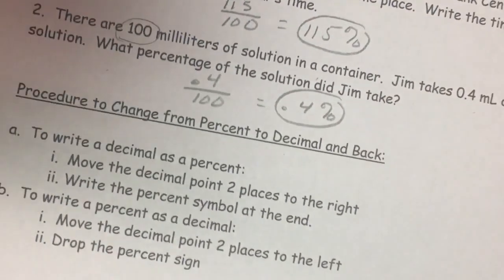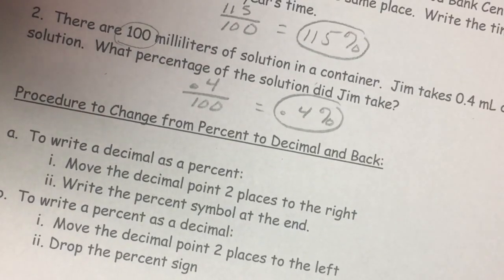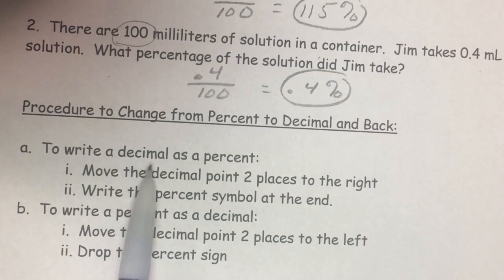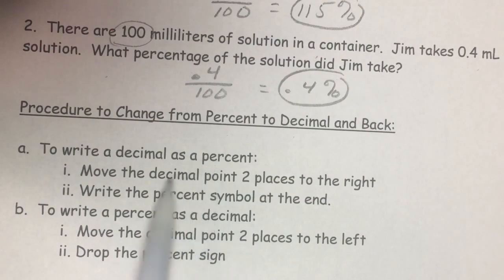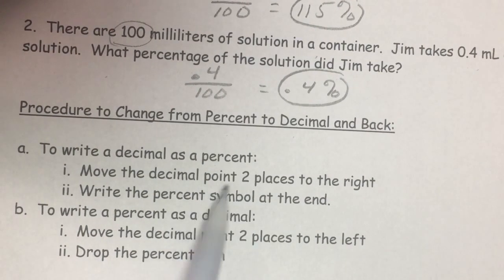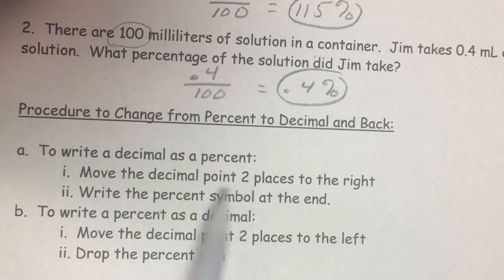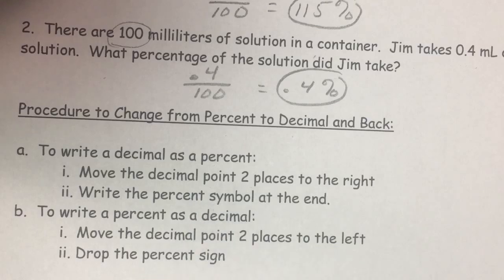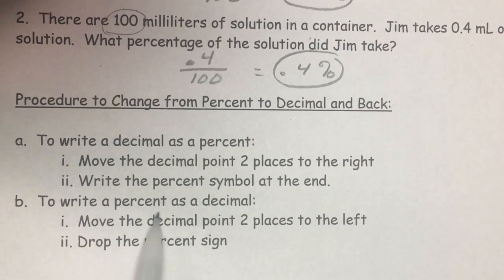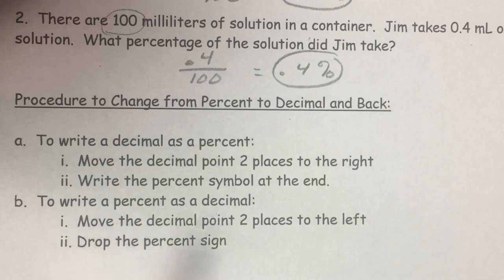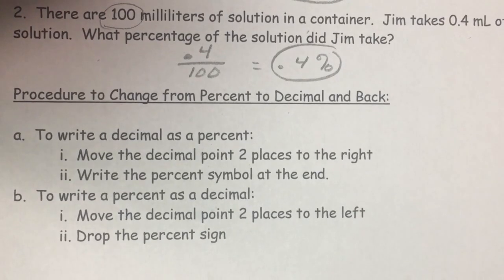All right, so if I want to change a decimal to a percent, all you do is you move the decimal point. It's always 2 places to the right. And then obviously you write the percent symbol at the end. If I want to change a percent to a decimal, you move it 2 places to the left and you get rid of your percent sign.